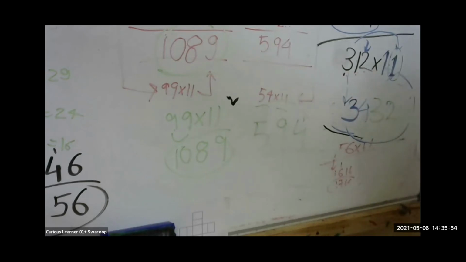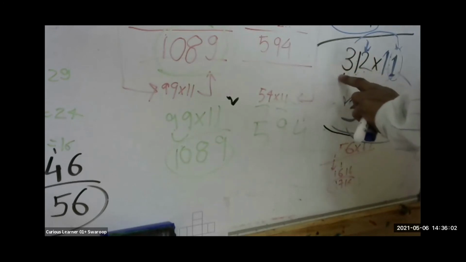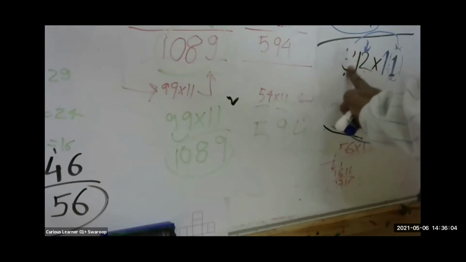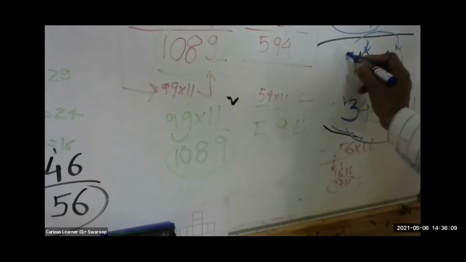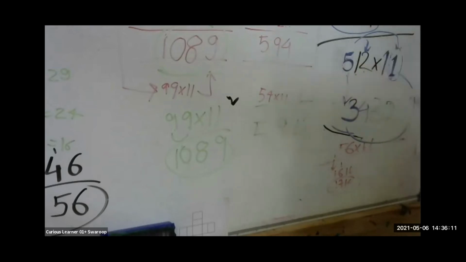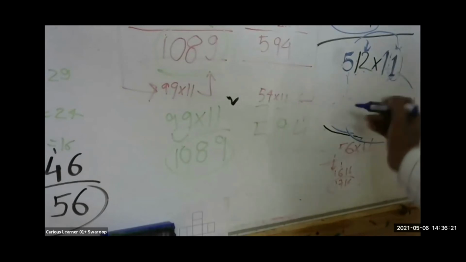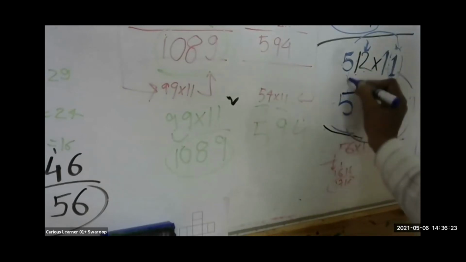Now, do you know how to calculate multiply 3 digits, 312 by 11? The same way, if you change this number, suppose I change this to 5. Can you still do it with 11? Very simple. Bring 5 as it is.